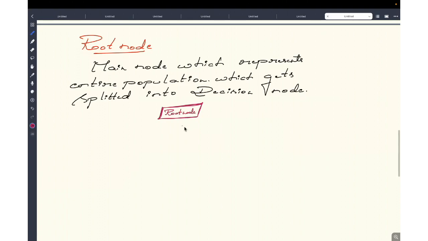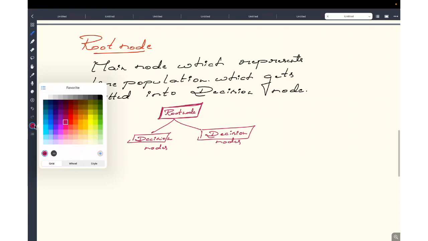Once you decide that root node, it will divide into further nodes. We call them decision nodes. Clear? This is a root node.